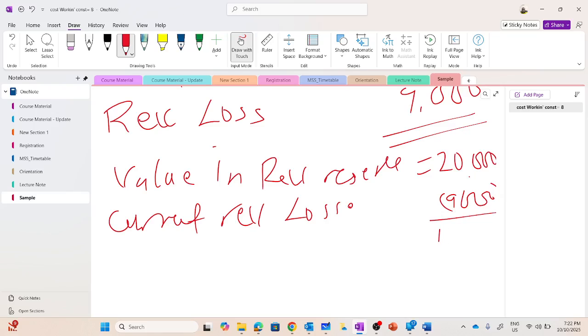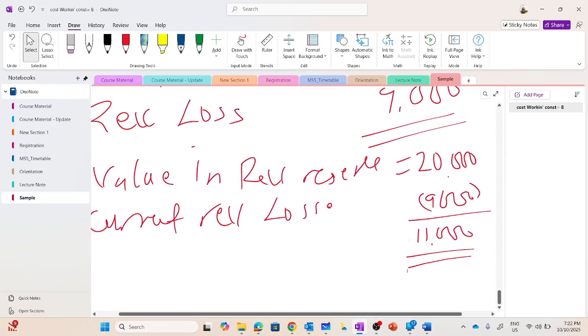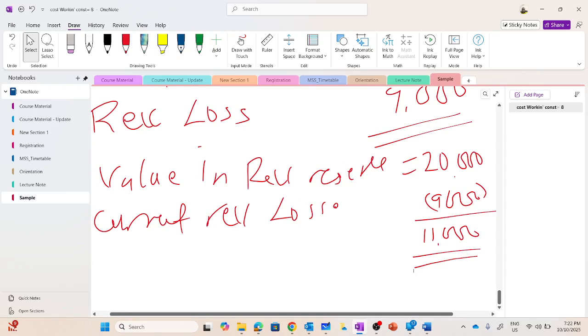So it remains 11,000 within the revaluation reserve. The amount in the revaluation reserve is 20,000, and we had a revaluation loss of 9,000. So basically we need to offset this revaluation loss against the revaluation reserve account. The remaining value in the revaluation reserve will be 11,000. This is the concept you need to know.